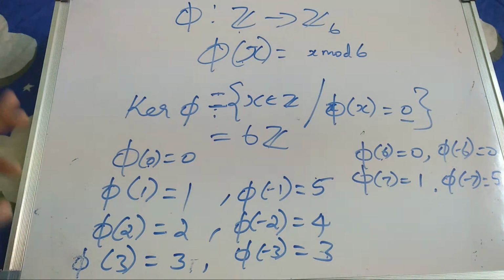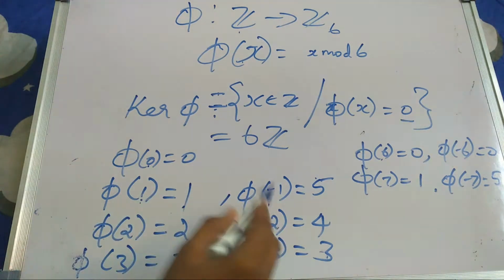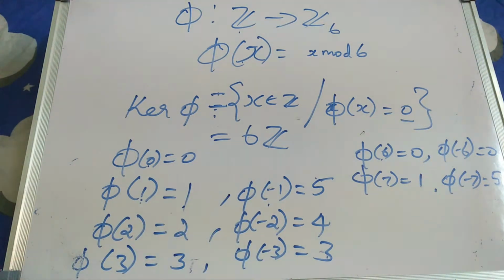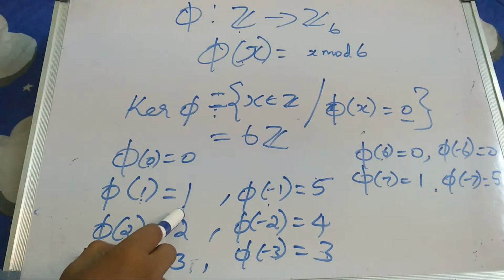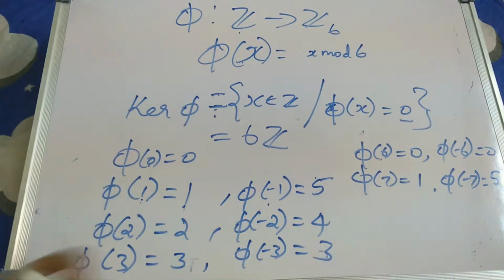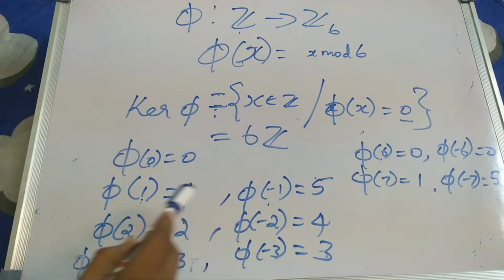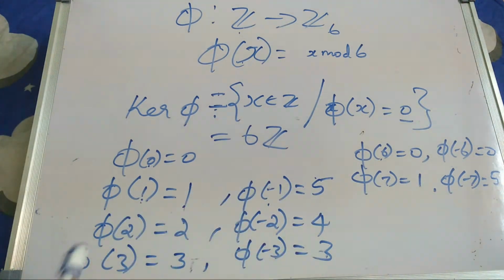And here you can check one more thing. Phi of 1 is 1. The inverse of 1 is minus 1. So please check where it is mapped to. Can you observe something here? In all these, phi of 1 is 1. With respect to addition, its inverse is minus 1. Please check where these two elements are mapped to.